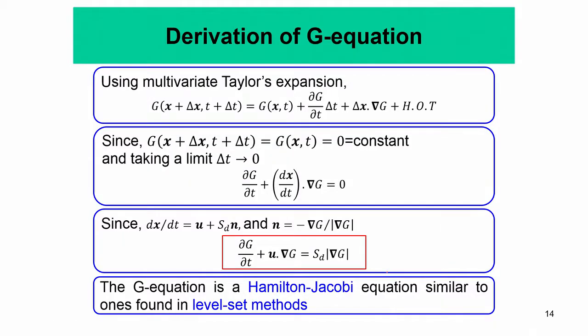So, we have just obtained this G equation, and one most important term in it is the right hand side, which is actually a nonlinear term, that is s_d times mod of grad G. Here you have the presence of this local displacement flame speed.